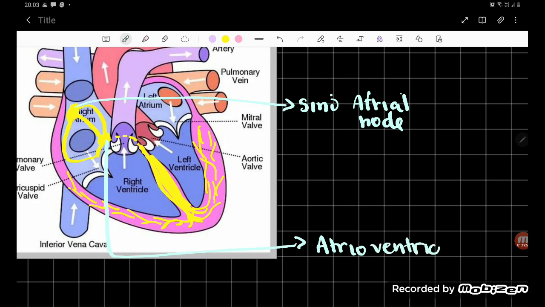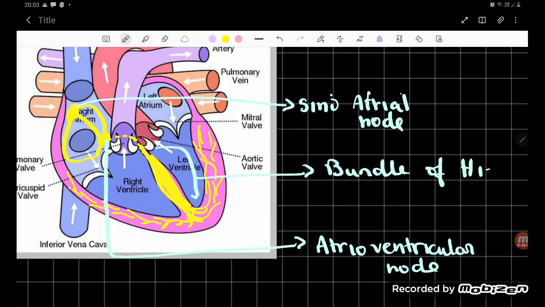Atrioventricular node. This part here is known as the bundle of His, and this ending part where all these fibers are coming off are Purkinje fibers.